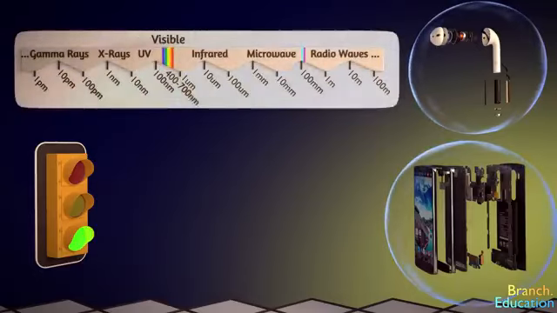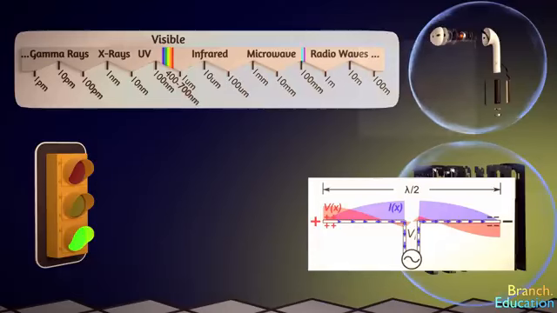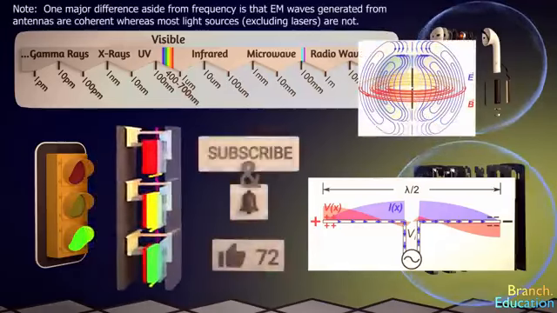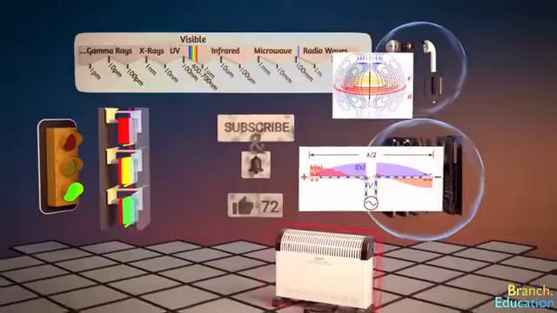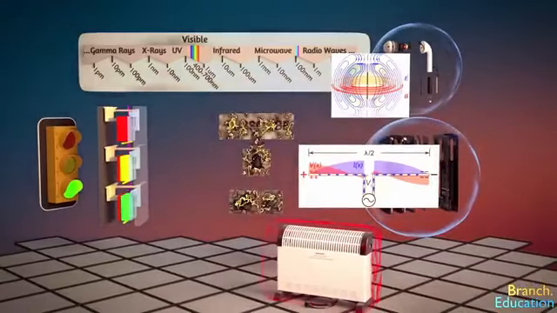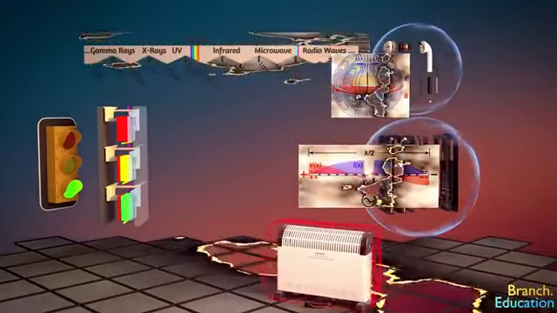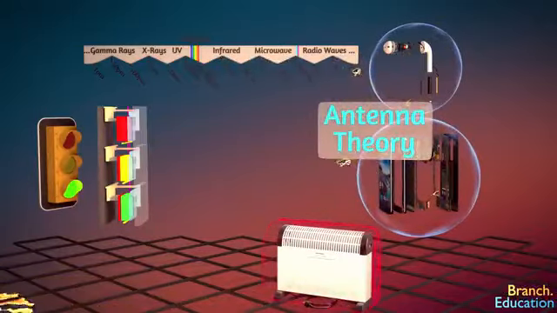However, the principles that govern how your smartphone and headphones generate and receive those electromagnetic waves are quite different from the principles around how traffic lights and your eyes work. It's kind of like how fire and an electric radiator both generate heat, but using vastly different methods. The principles behind Bluetooth fall under the category of antenna theory and will be explored in a separate episode.